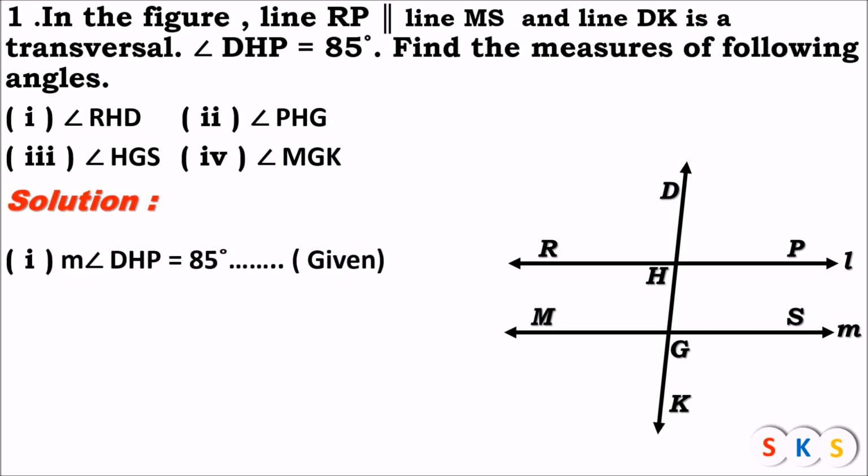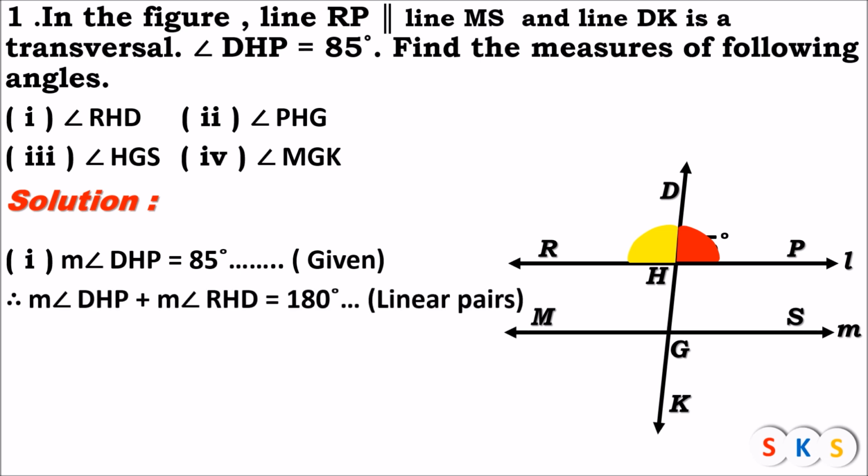Measure of angle DHP equals 85 degrees, right? You can look at this figure. Angle DHP and angle DHR form a linear pair. Therefore, the sum of these two angles is 180 degrees.